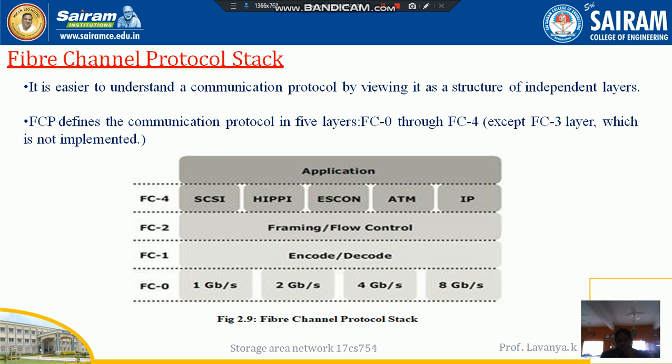A fiber channel protocol stack makes it easier to understand a communication protocol by seeing the structure of independent layers. The FCP defines the communication protocol in 5 layers, that is FC0, FC1, FC2, FC3 and FC4.